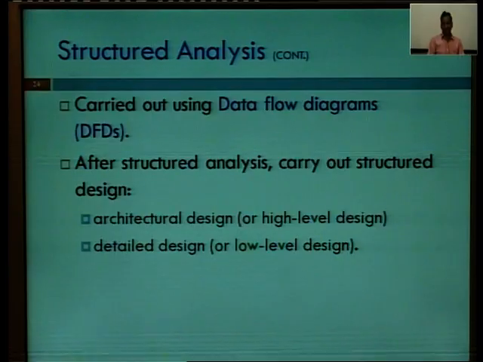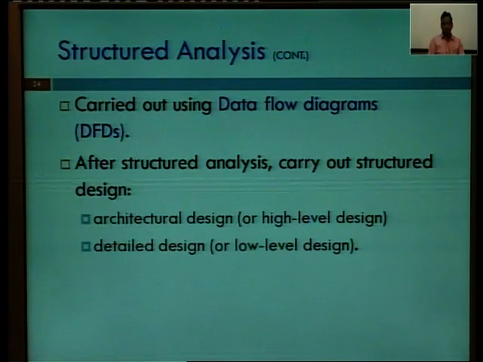After the structural analysis is carried out, we have to carry out the structural design. As we already discussed, the first activity to be performed in the design phase is structural analysis, and after that we follow up with the second activity, structural design, in the traditional or functional oriented approach of the software development life cycle.